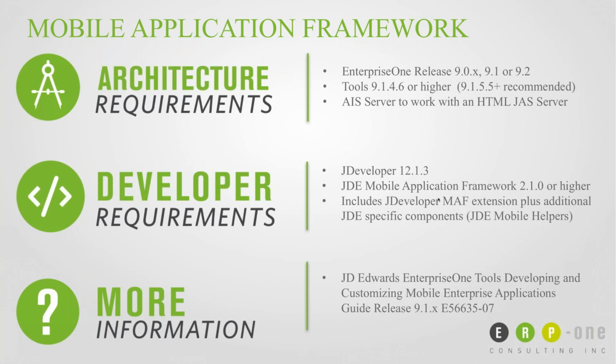You don't have to write it all from the ground up. And really, at the end of the day, these mobile application framework and extensions are really nothing more than that. Okay. Information about these requirements and these tools can be found in the guide release that I've mentioned at the bottom of the slide here. So if you want more information, you can get it from there.